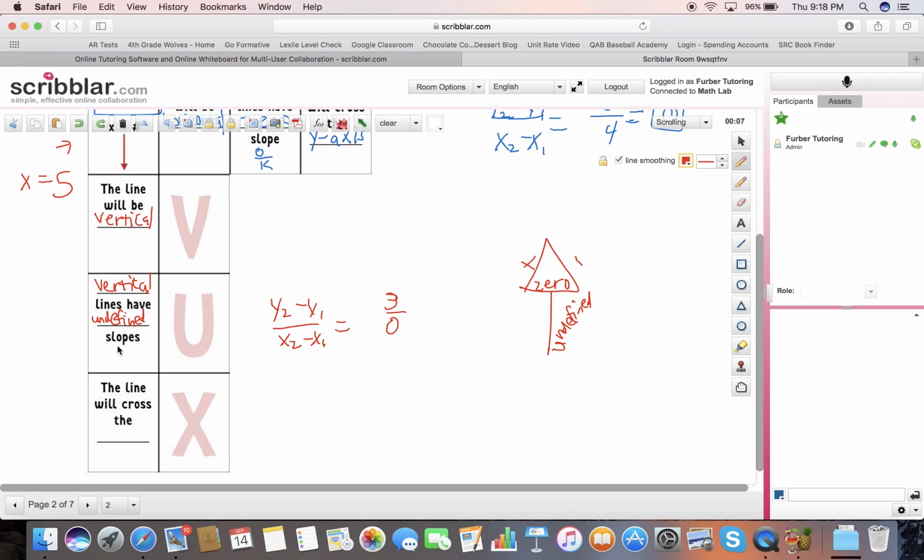So if the 0 is on the bottom, we're going to put an N on top just to give us a little trick. No, that is not okay. If a 0 is underneath, no, it's not okay, and that is considered an undefined slope because you can't divide by 0. So this okay and this no just really helps us place where the 0 is whenever we have a HOY and a VUX.